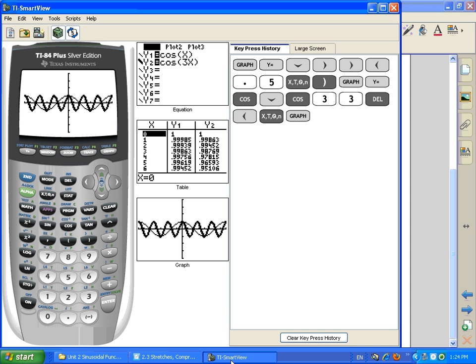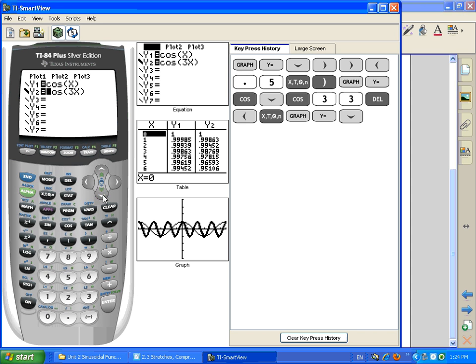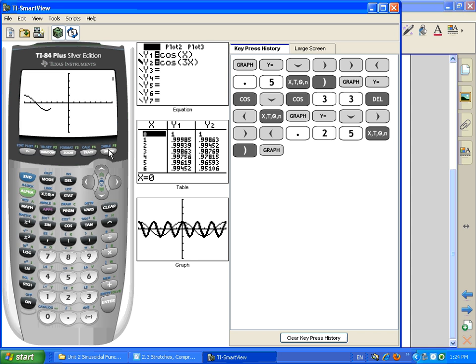Let's take a look at our graphing calculator. Plug her in. So we've got the parent function, leave it as is, and we'll just sub in 0.25x. Okay, let's give that a graph and watch this.